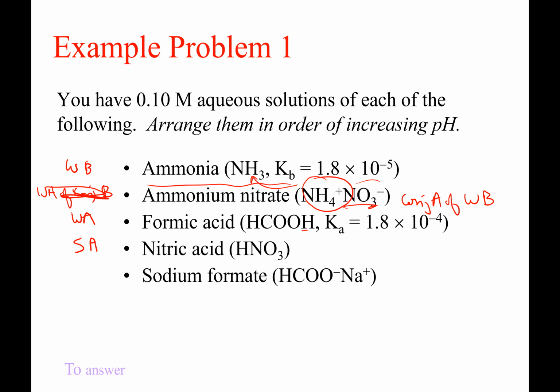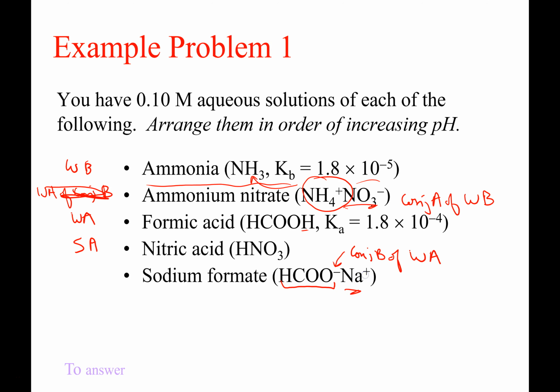So here we have one, sodium formate. Again, look at what sodium formate might do. Well, here's the formate ion, and I think it's going to accept a proton. If it does accept a proton, that would be the conjugate base of a weak acid.